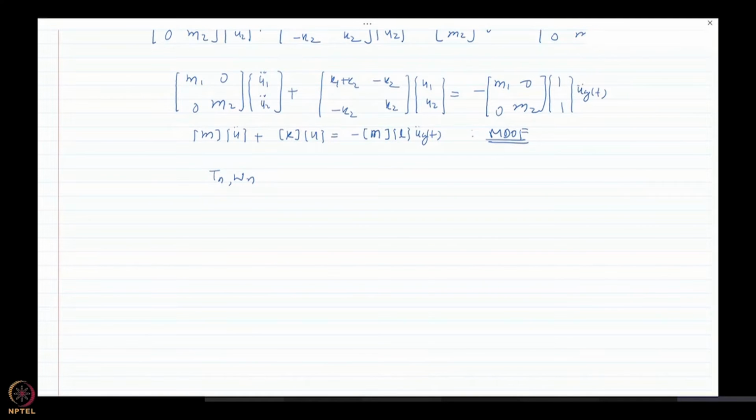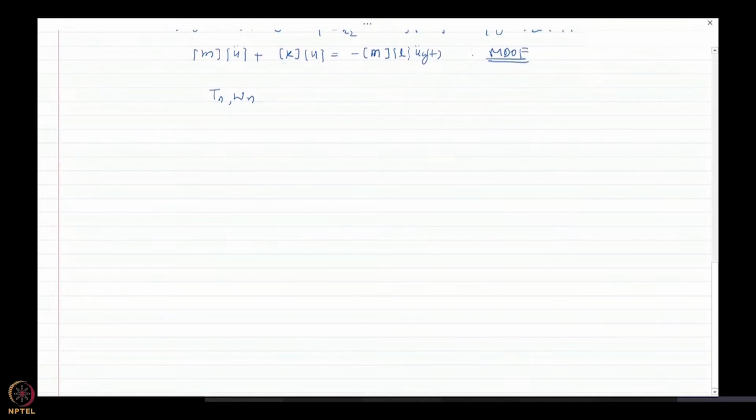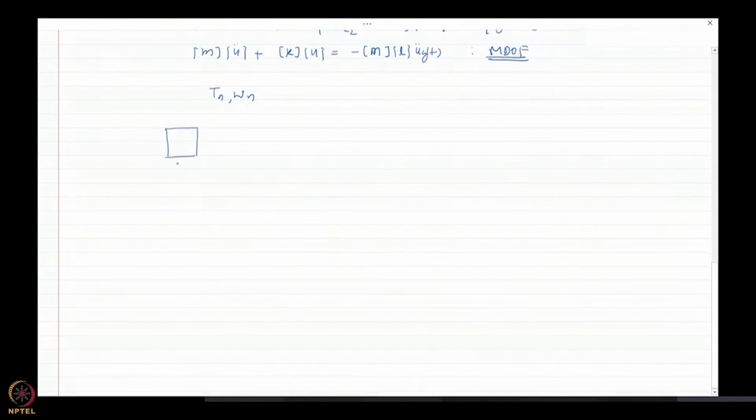We are going to use the same concept and extend the equations that we have derived to a base isolated structure. Let us see what happens. Till now we have considered the base isolated structure to be a rigid mass on top of a spring, or if you want to draw it, perhaps this would be a good representation. This is the superstructure mass. This is the isolator stiffness in the horizontal direction.